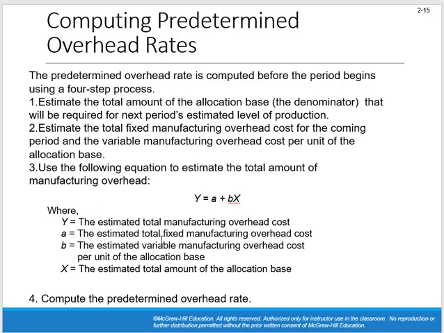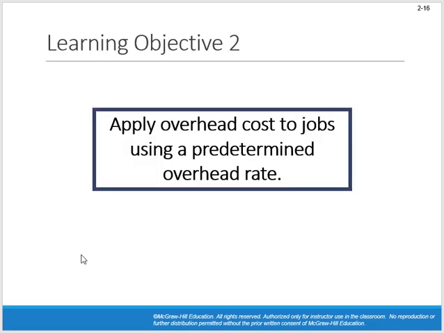So all they're saying is that we're going to add together the fixed plus the variable times the level of activity and get the total estimated MOH for the period. So really all of that, steps 1, 2, and 3, what they just said is that we're going to add up the fixed and the variable costs to get the total estimated MOH for the period. And then we're going to use that to compute the predetermined overhead rate, dividing the estimated MOH by the estimated allocation base.